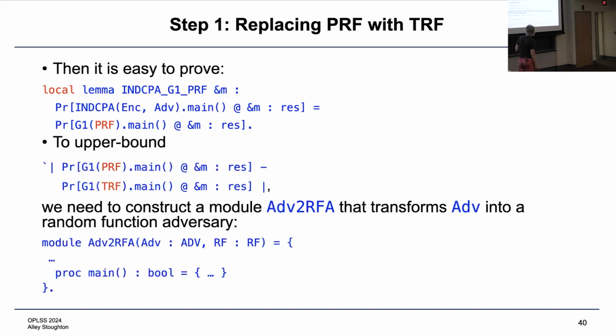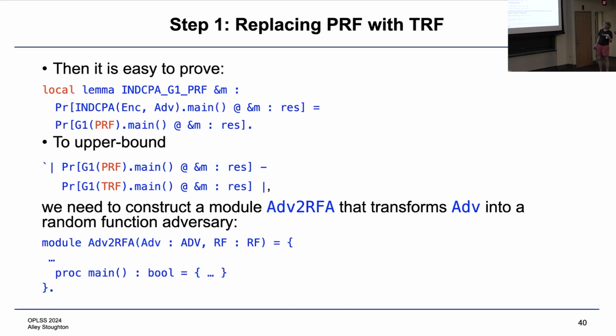Now what we'd really like to do is go from G1 of PRF to G1 of TRF. We're set up because G1 is parameterized by a random function. How do we do that? Well, we have to construct a module AVtoRFA. That's the thing in red that I mentioned before that takes in an adversary and a random function and then has a main procedure and whatever else it needs.